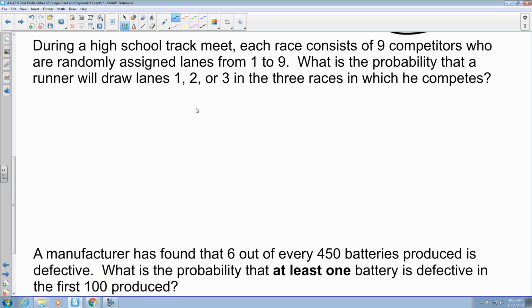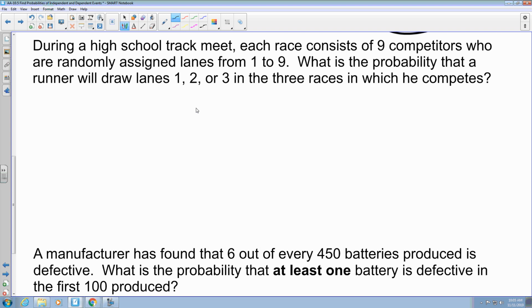Here it says during a high school track meet, each race consists of 9 competitors who are randomly assigned lanes from 1 to 9. What is the probability that a runner will draw lanes 1, 2, or 3 in the 3 races in which he competes? So this is another situation where they're all independent events.